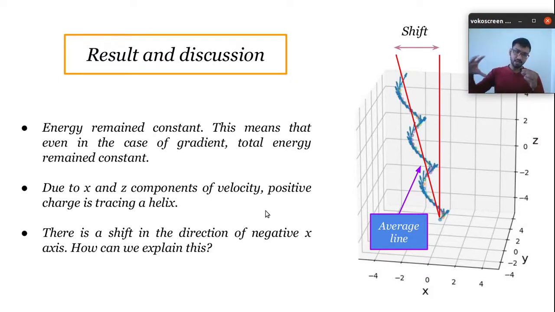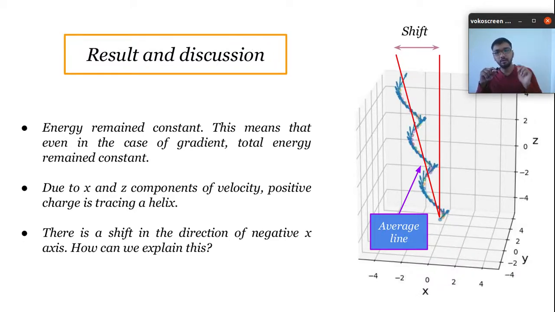From this graph we can see that energy remained constant. So this much we know, that even in the case of a gradient, total energy is remaining constant. Now, due to the x and z components of velocity, the positive charge is tracing a helix. This is what we have seen in previous videos as well.